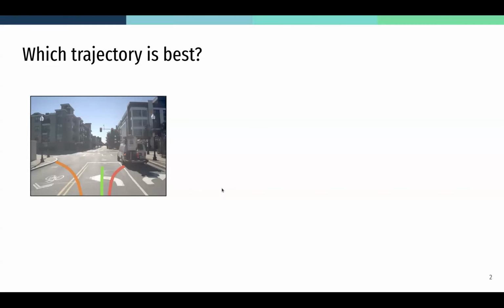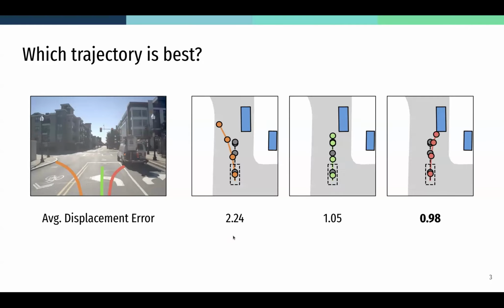The green trajectory is what most people would think is the best behavior of these three in this situation. But it turns out that if you measure displacement errors, which is what most currently available benchmarks for checking how good a VLM is at driving do, you will see that the red trajectory, which is actually veering off the path and colliding with another vehicle, gets a lower displacement error than the green one and would be considered better.